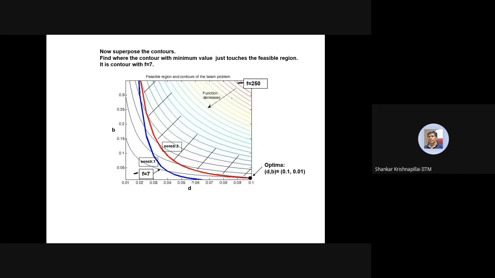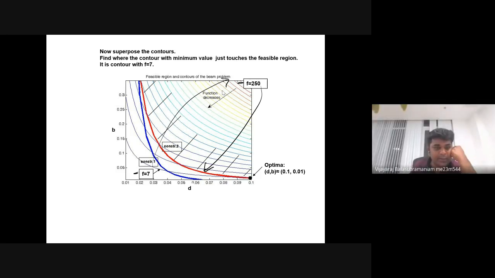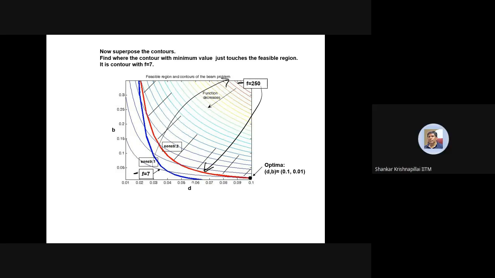Then how will MATLAB plot the negative contours? Will this come here or will this come here? Probably it will go into the third quadrant. -7 will become red color then, because that negative value is higher.